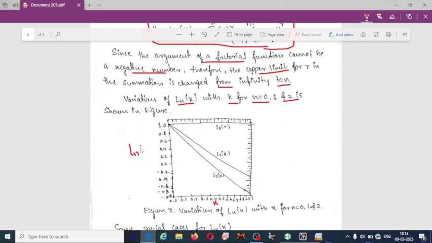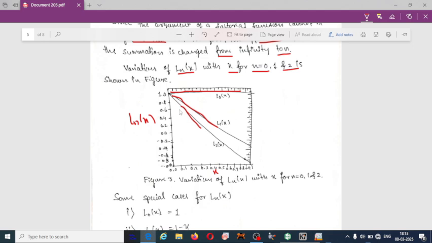If we plot the graph, first L naught, n equal to 0, L naught of x is a straight line. L1 of x is gradually decreasing. And again L2 of x is decreasing.